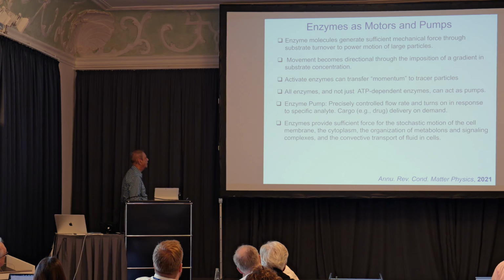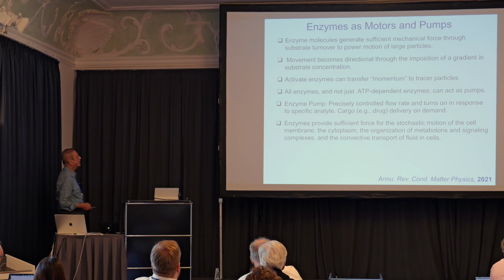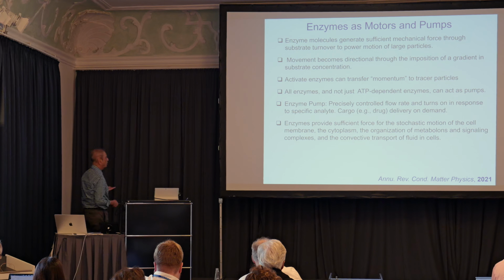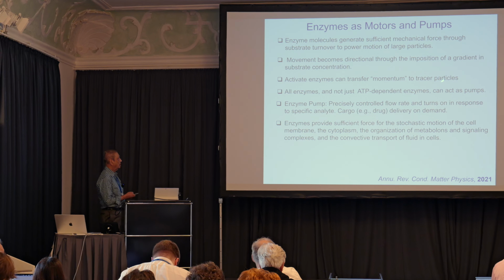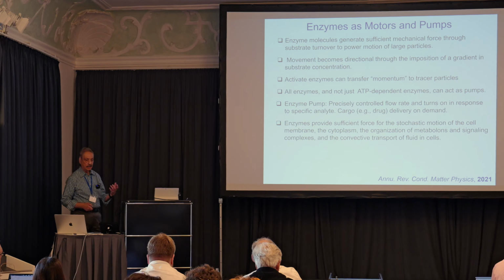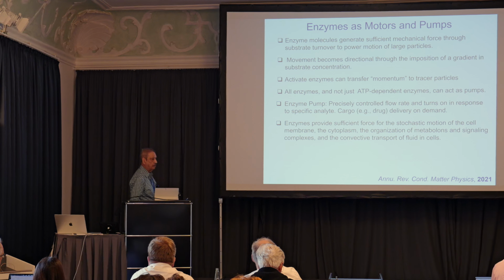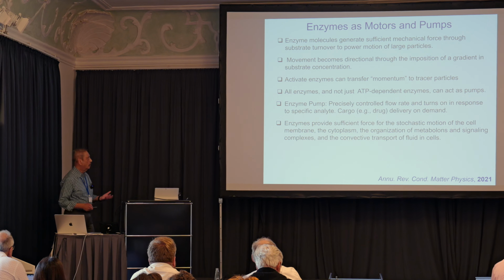Okay. So I think I've told you that enzymes can generate force to move large particles. The movement becomes directional chemotaxis. I didn't talk about this, but if you also add inert particles to an active enzyme bath, the diffusion of the inert particles will also increase. They can act as pumps.